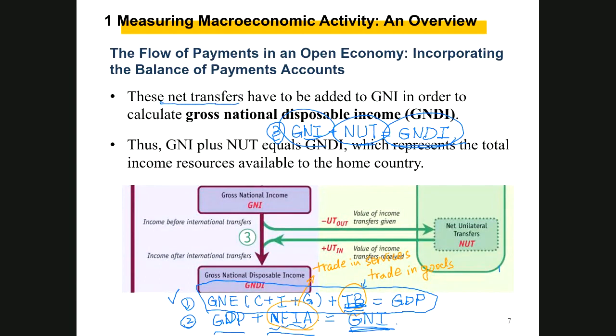Okay? But usually, like if we move to chapter 18, we will assume GNDI just equal to GDP. Because of what? Because of the transfer, right? The transfer, unilateral transfer is relatively small, and the factor, the services payment, is relatively small.